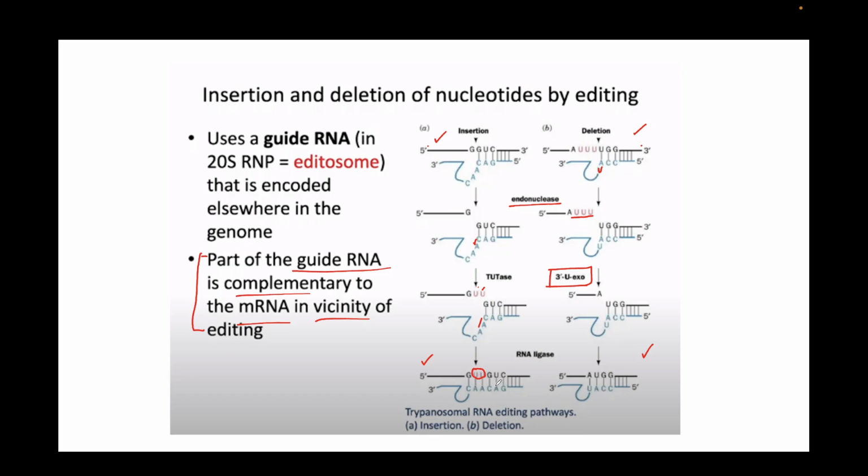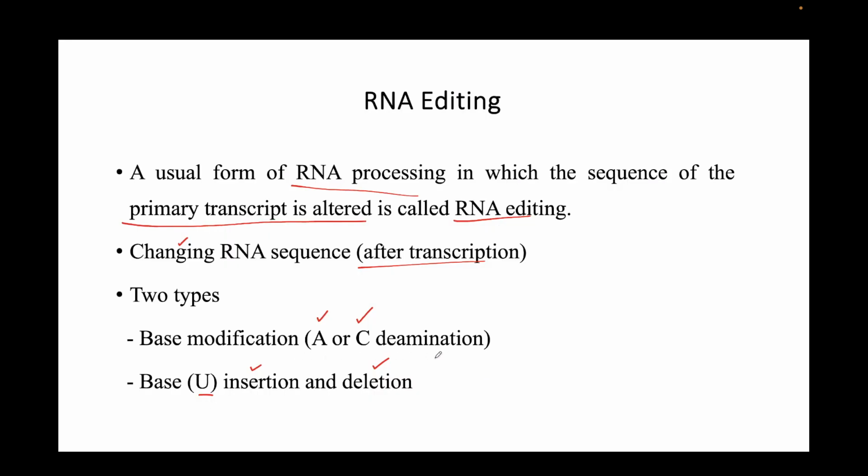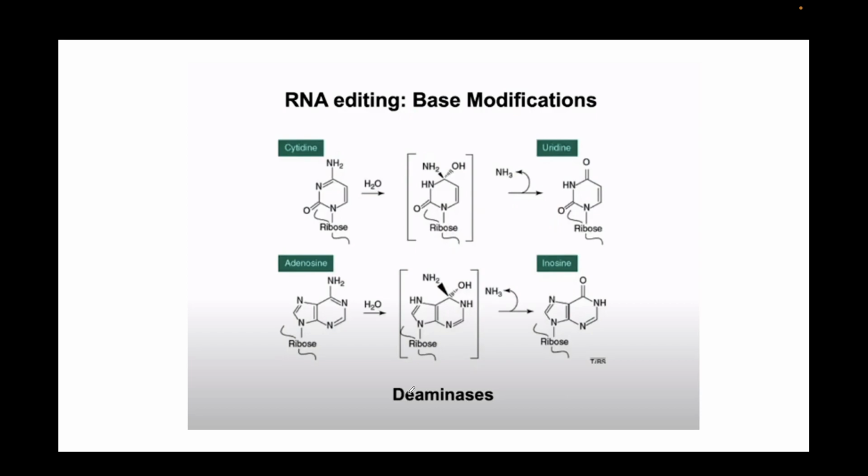Next, the first one was adenine or cytosine deamination. The second one is base uracil insertion and deletion. The first one has been done. Next is base modification. How is it done? Just remove the ammonia.